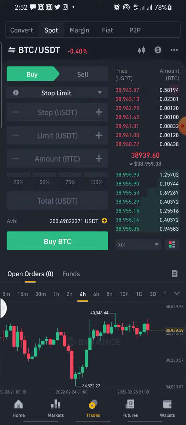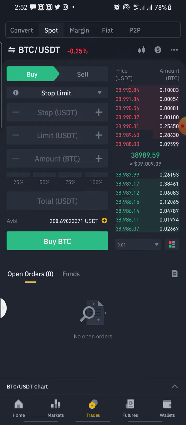If you are using a stop limit, you are mainly using it to minimize your loss, because you use it to place a stop loss. Placing a stop loss means you set your price at a particular point, in case the market goes against you.